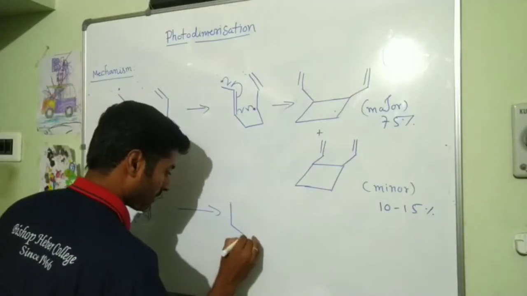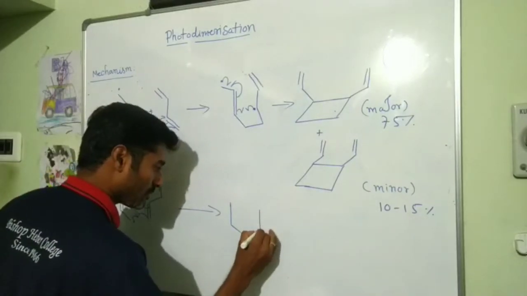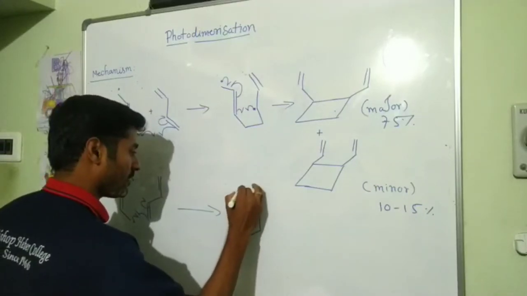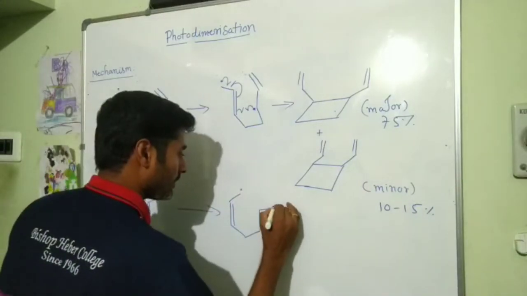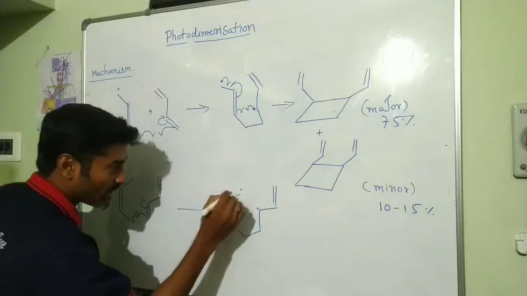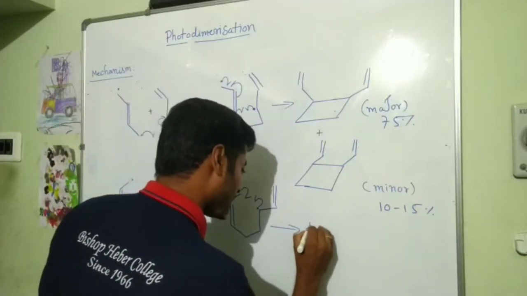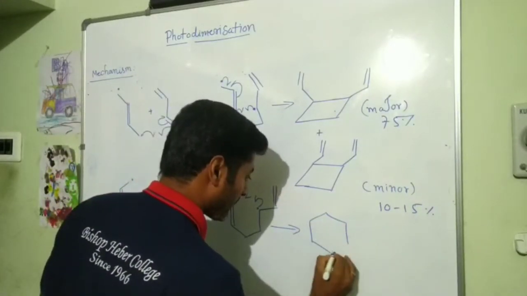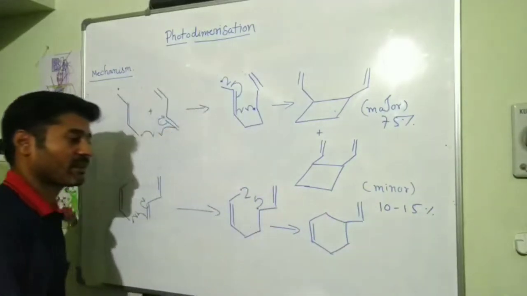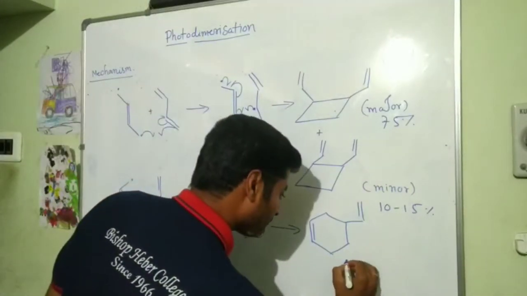Now a new bond forms between these two. This pi bond will be there as such, and here we have one radical, here another radical. These two radicals will form a sigma bond, and finally you'll get vinyl cyclohexene, and this will be the minor product.